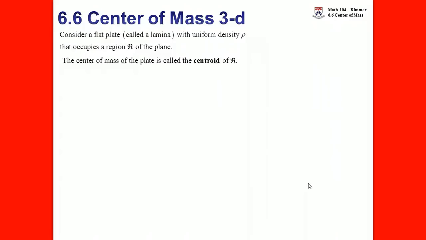I have this region in the XY plane, and I'm going to consider it like a thin film with negligible thickness. For this part of the class, we have to have the density be uniform. How the mass is spread about the film needs to be some constant.